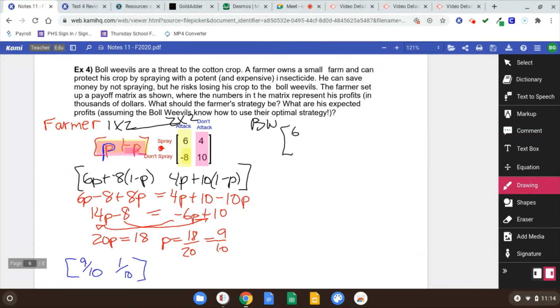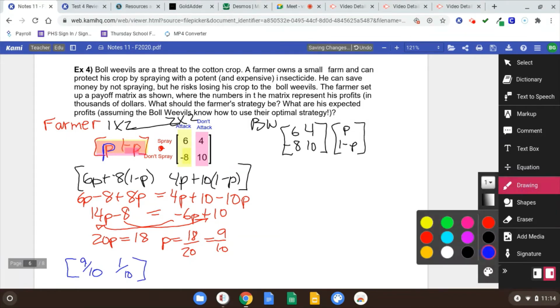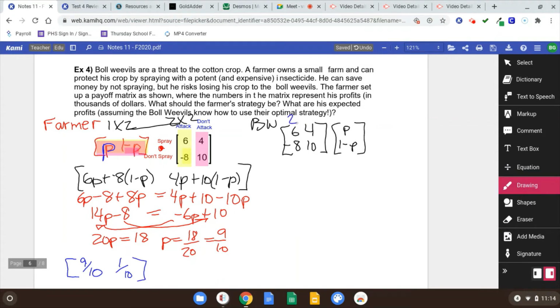Remember, this is backwards. You have to do it in this order. Otherwise, the matrix multiplication doesn't work out. Remember, we've got a 2 by 2 times a 2 by 1. That's the only way this is going to work. And we're going to be left with a 2 by 1.